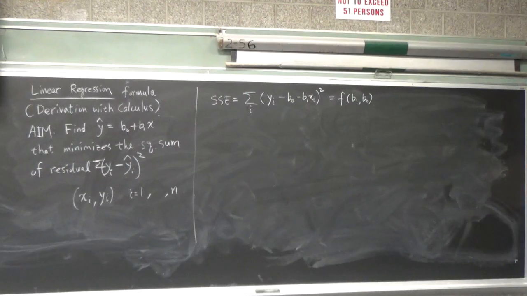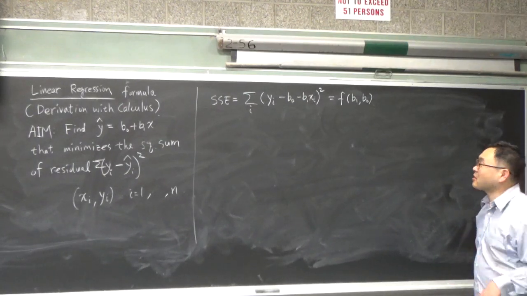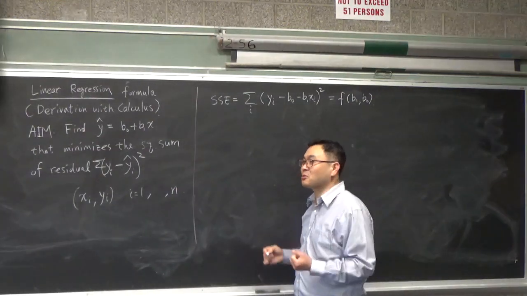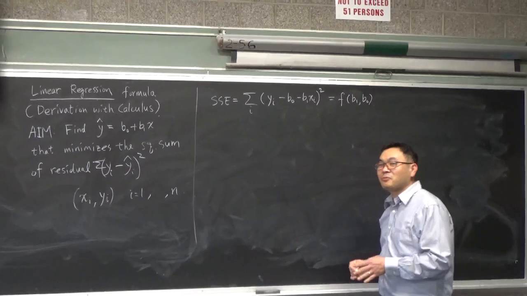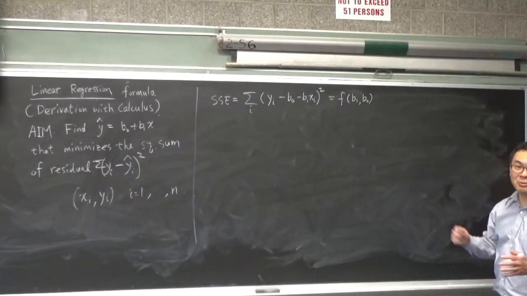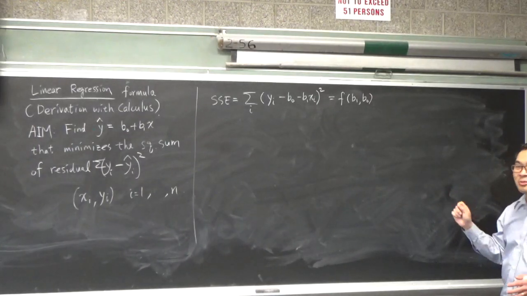That's how you view it. And I think this is a very fun exercise. If you have taken calculus and you're somewhat confident with your calculus skills, just take a sheet of paper and just keep calculating, see if you can get this result on your own.